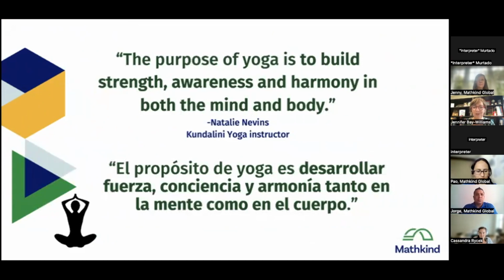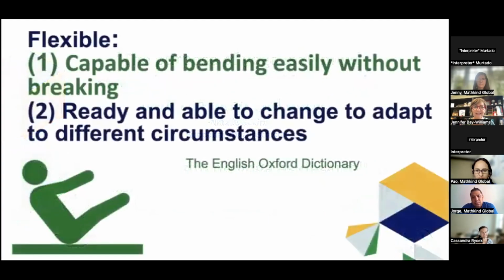Before we get to connecting to yoga, let's make sure we all understand the definition of flexibility. A person who is flexible, or a thing that is flexible, is capable of bending easily without breaking. I think of this in teaching. We have so much pressure with teaching.